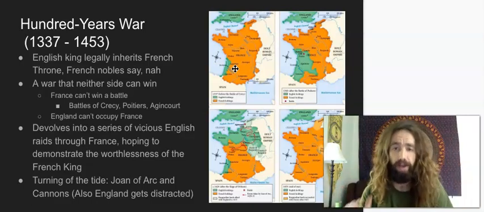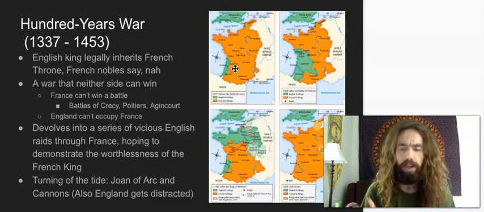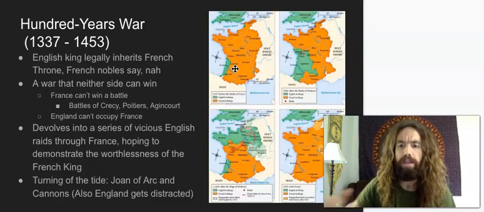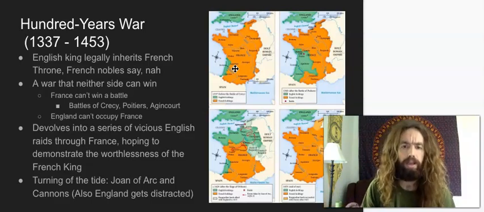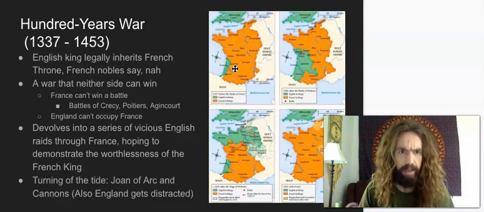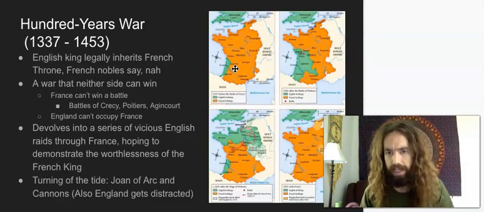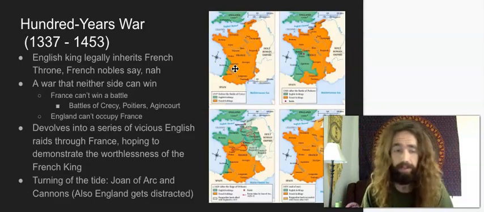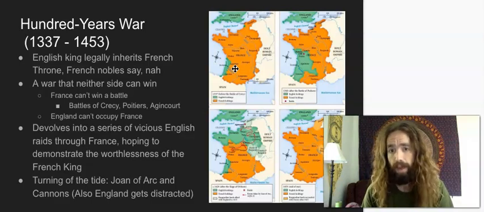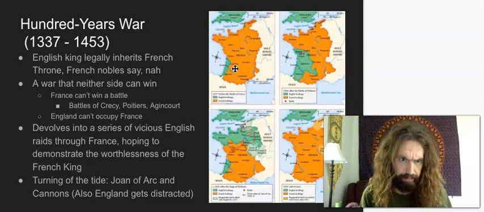We are not going to allow an Englishman to rule France. And so the French nobility just support another distant relative of the king to become the new king instead. Now, the English king's not just going to let this slide. He wants to be king of France, which is by far the wealthiest and most powerful kingdom in medieval Europe.